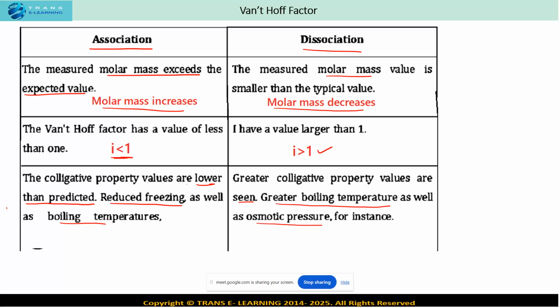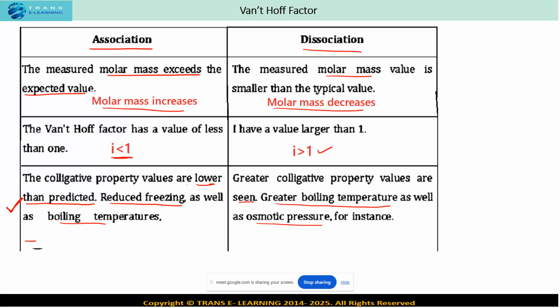This third property I'm going to explain later, when we do the numericals which relate the Van't Hoff factor with the elevation in boiling point, depression in freezing point, or the osmotic pressure. Today we are going to do just how to find the Van't Hoff factor, or the degree of association or dissociation.